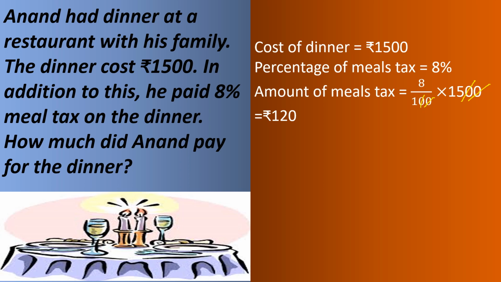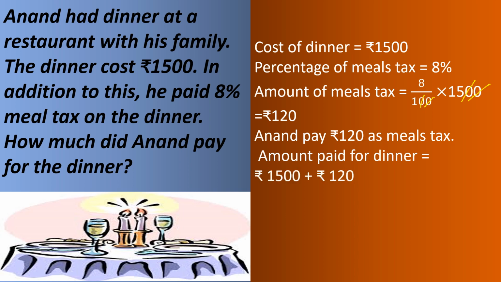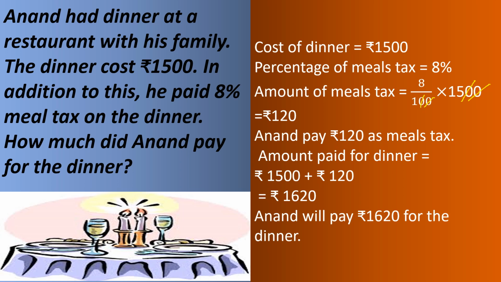So what is the total amount he paid? Just add this meal tax to the cost of dinner. It means 1500 plus rupees 120. Add this and you will get rupees 1620. So what is your final answer? Anand will pay rupees 1620 for the dinner.